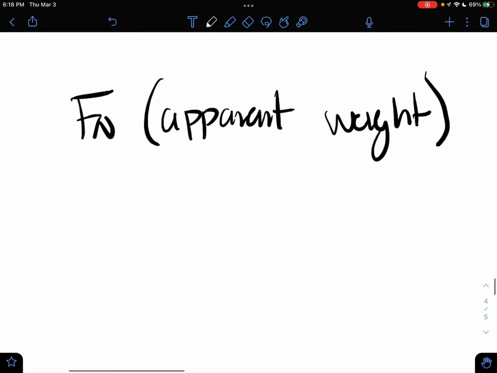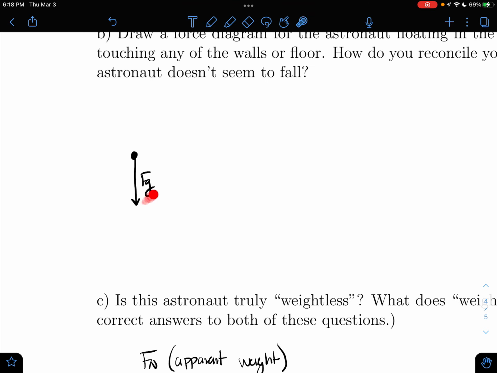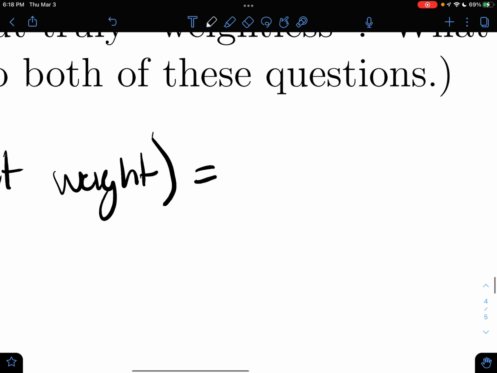But if we define our weight as our force from gravity, then no, we're not going to be weightless because gravity's still acting on us. There's still a force exerted by gravity on our astronaut. So if it's this, then we're weightless.